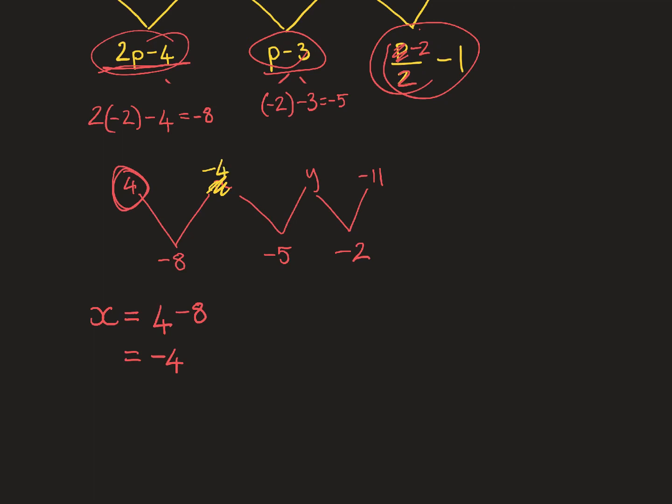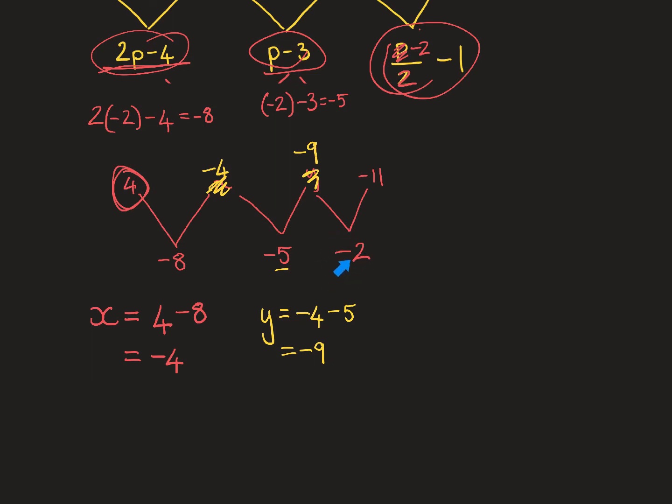Which means that y is going to be the new value of x, which is minus 4, and we're going to subtract 5 from it, so that will give y a value of negative 9.